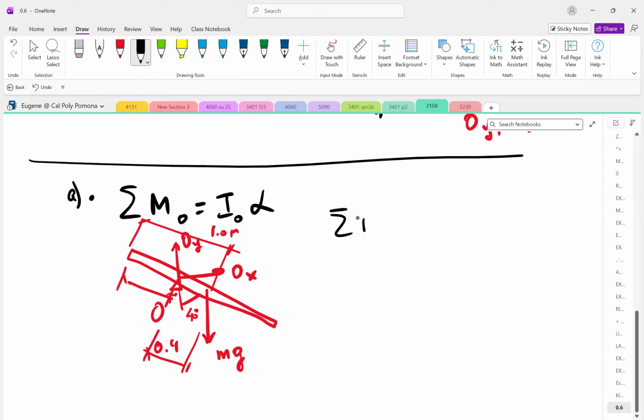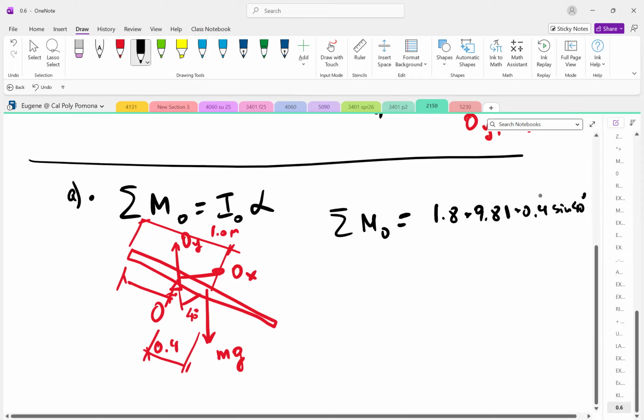So the sum of the moments about O equals mg, which is 1.8 kilogram times g, 9.81, times this distance of 0.4, and we want the horizontal projection, which means we go sine of 40. You with me on that? Sine, not cosine, right?